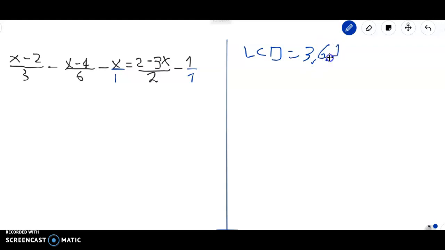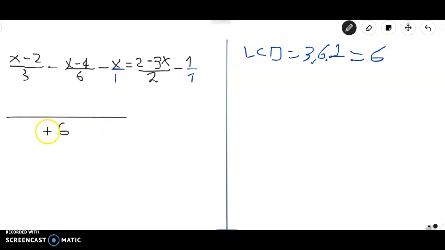The greatest number that can be divided by 3, by 6, and by 1. So in this case it will be 6. So remember, here we are going to write a big line. The big denominator will be 6.